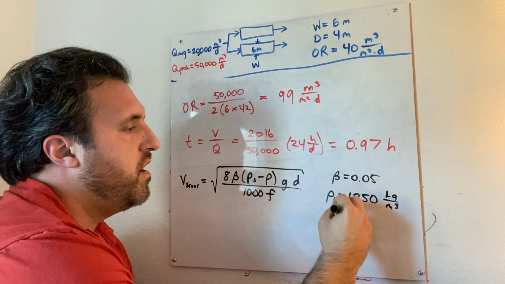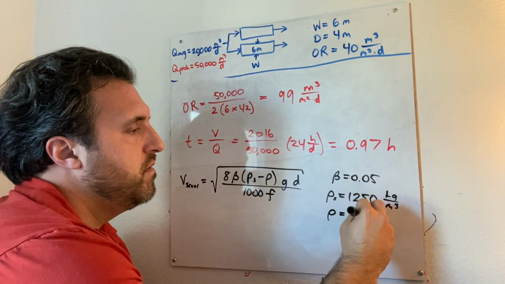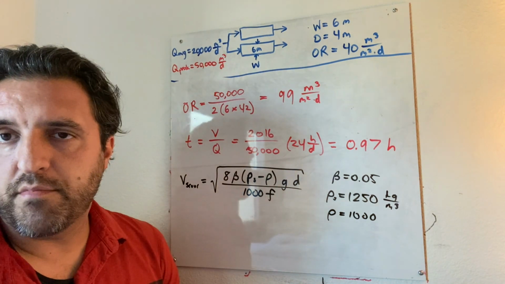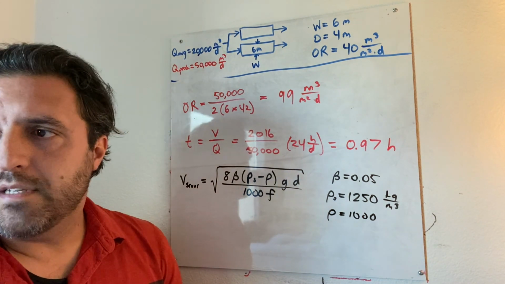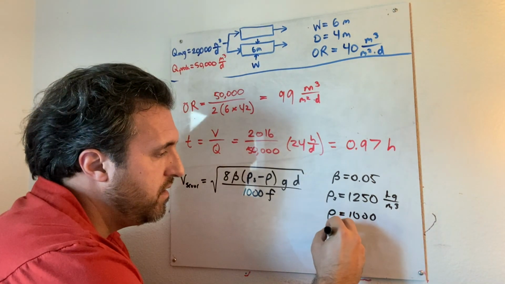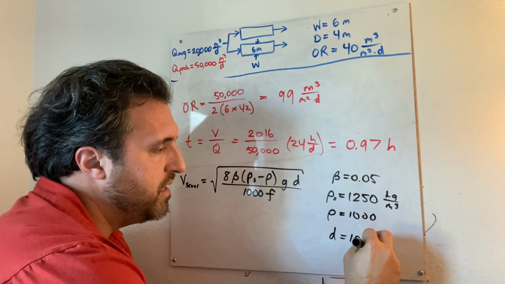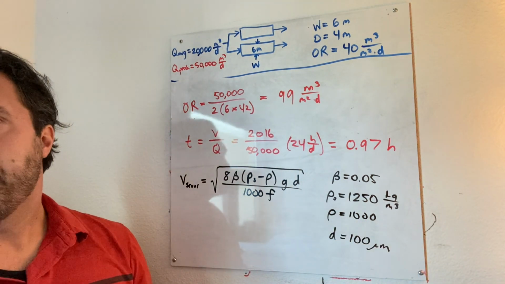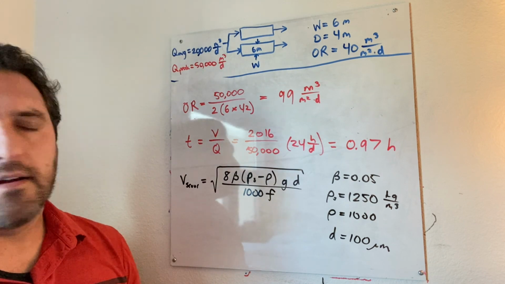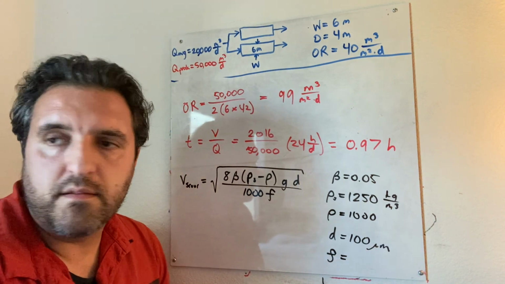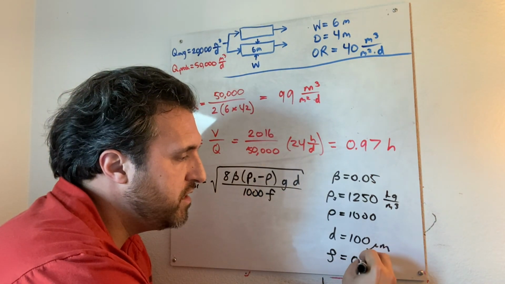The density of the water we can assume to be 1,000. The gravitational constant we know is 9.81. The particle diameter we can assume to be approximately 100 microns. And the friction factor, again, we'll just take to be in the middle of the acceptable range, 0.025.